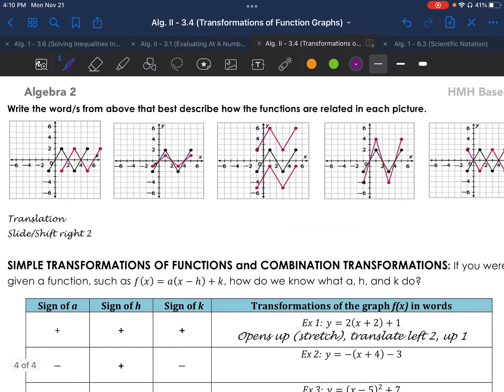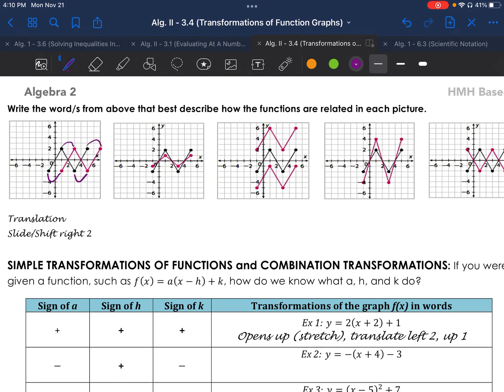All right, putting these into practice, using these words. The first one's done for us. We say from the black one or the purple one, the old to the new, what happened? Using our big fancy words we just learned, using reflect, stretch, compress, translate. So this one was translated. Specifically, it was translated right 2 units.